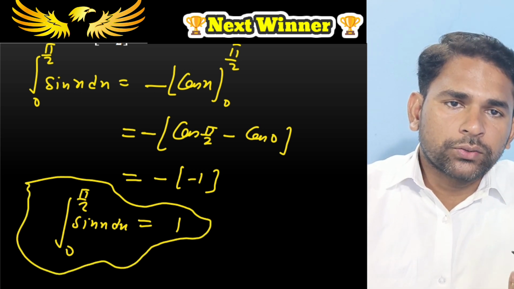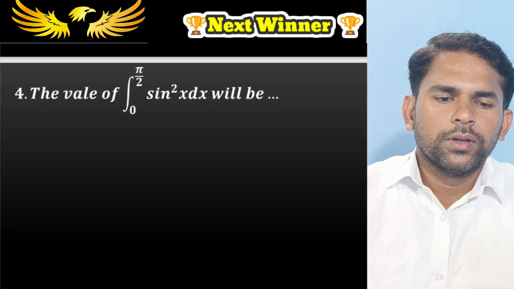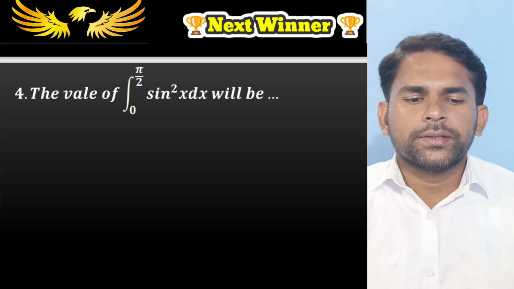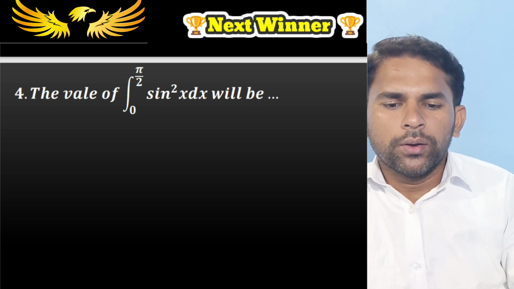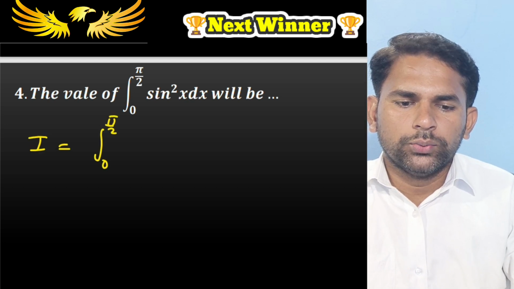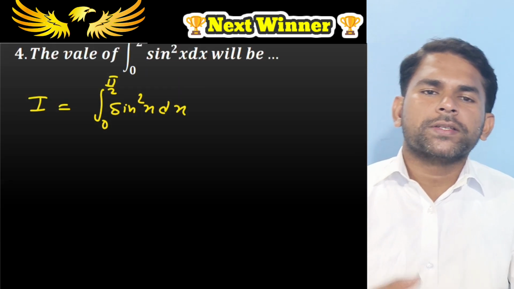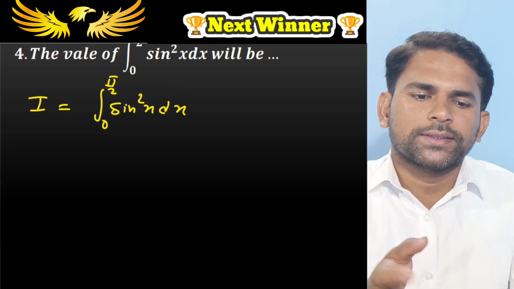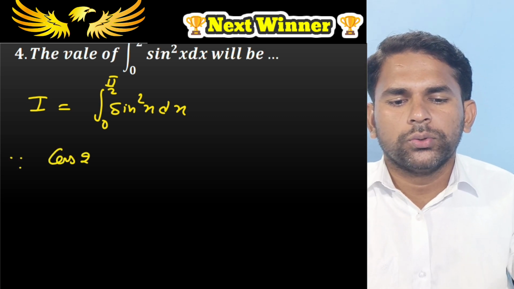Okay. Now next question you can see on the screen. Again they are asking the integration of sin square x dx with the limit 0 to pi by 2. We need to find this value. Whenever you face sin square x, cos square x, tan square x, you know the formulas for cos 2 theta.